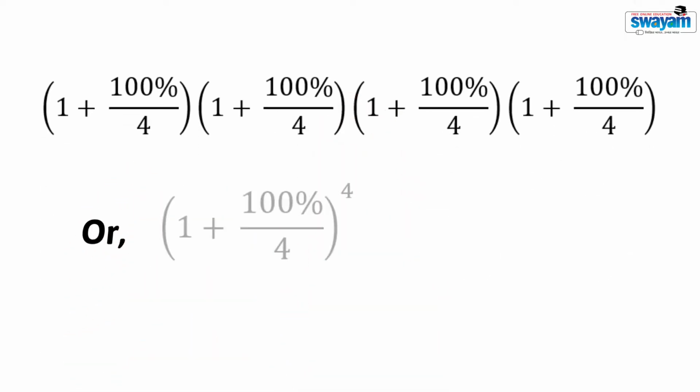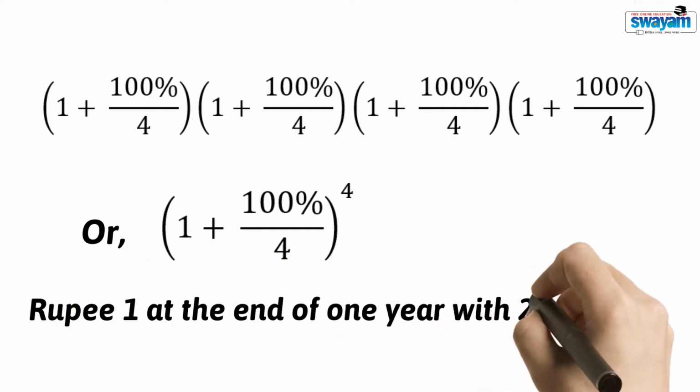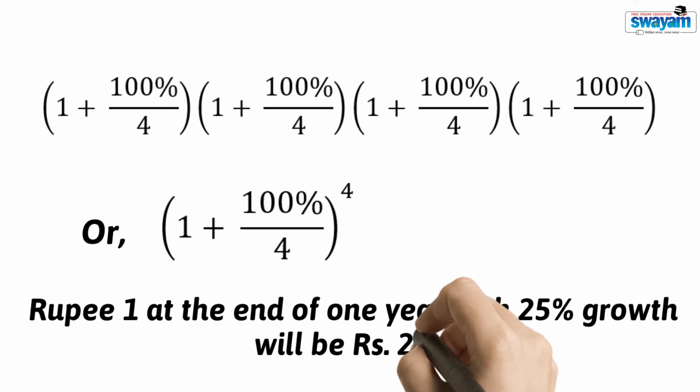The formula will now be written like this. That is 100% divided into 4 parts for 4 time periods.